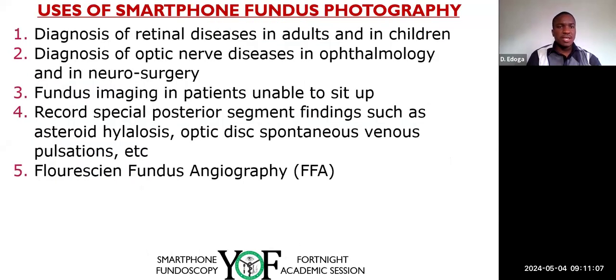In terms of the uses, it can be used for adults, it can be used for children, even in preterm infants. I've used it for screening of several cases. I showed a picture previously in part 1 of the presentation. It can also be used in the diagnosis of optic nerve diseases in ophthalmology and also in neurosurgery.